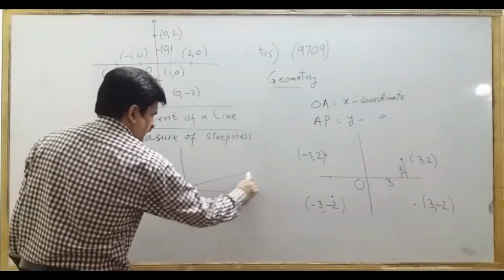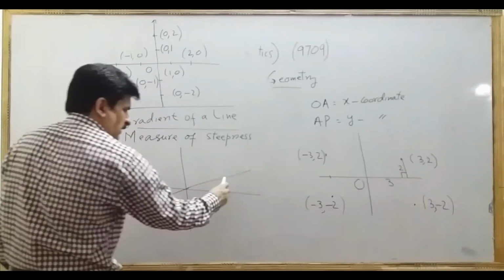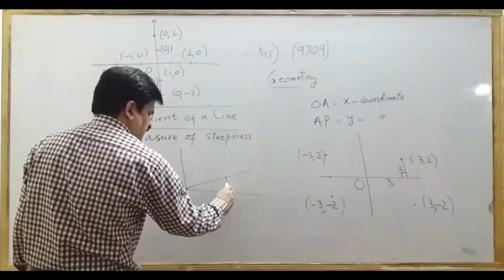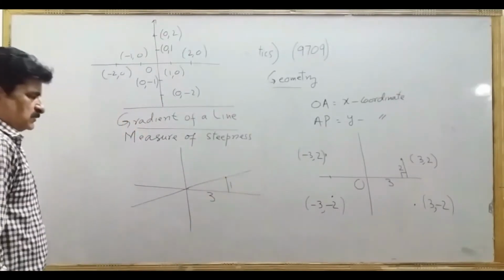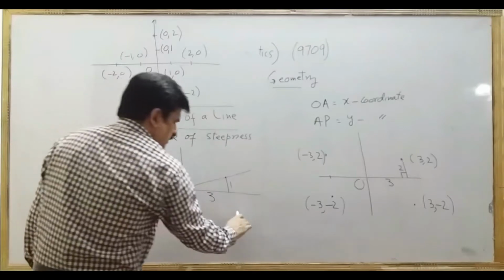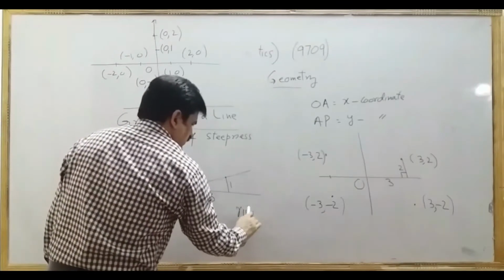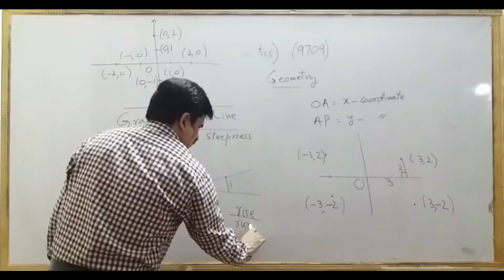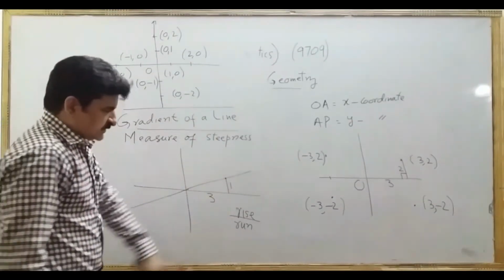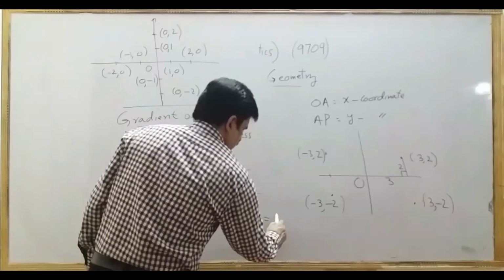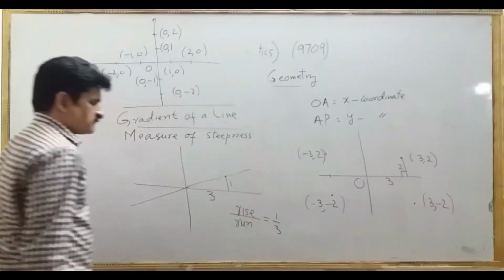Suppose we have this line and this point is 3, 1. So its gradient will be rise over run. Means that we measure the steepness by this ratio, and this is equal to 1 over 3.